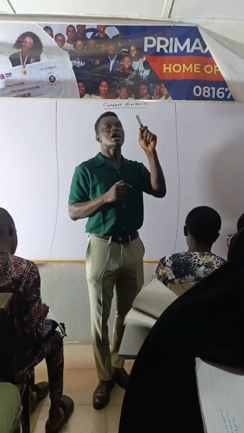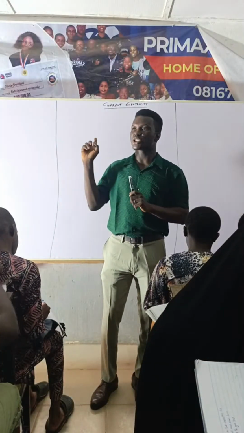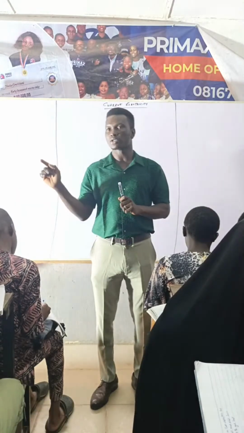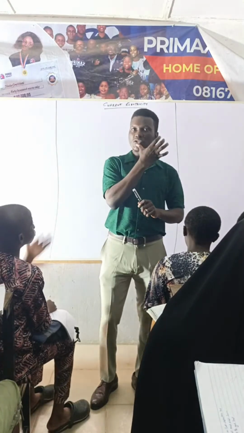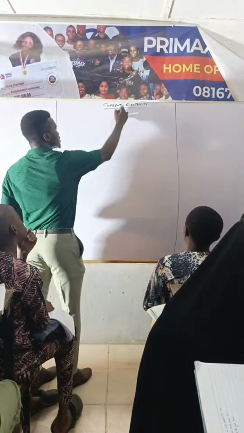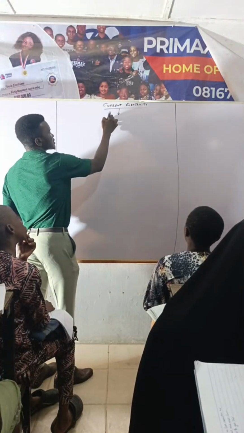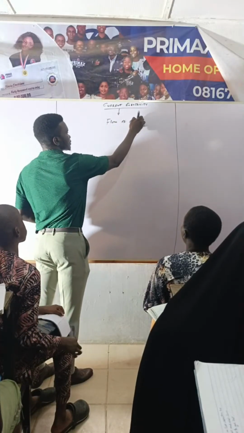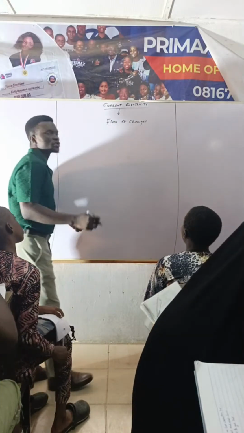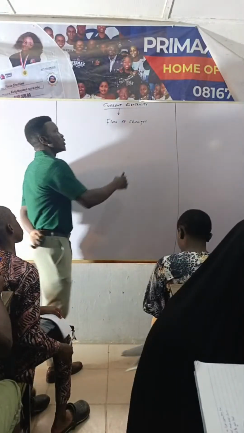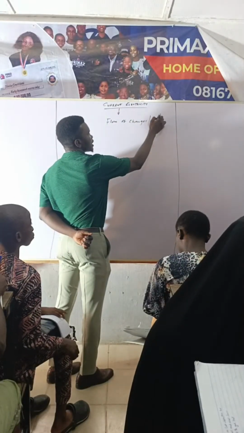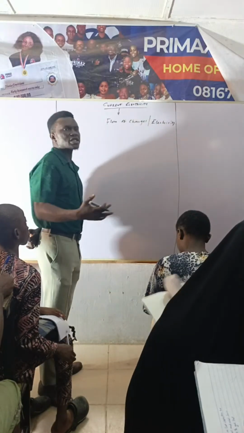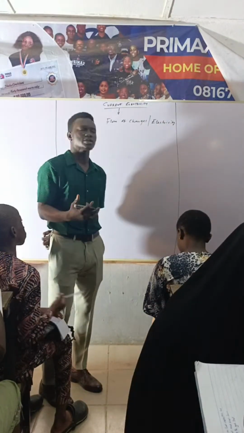And that's why you can switch it off if you don't want charges to flow, and you can switch it on if you want charges to flow. So current electricity is simply defined as the study of flow of charges. And when charges flow, what do you get? Electricity. So the moment charges flow, you get electricity.